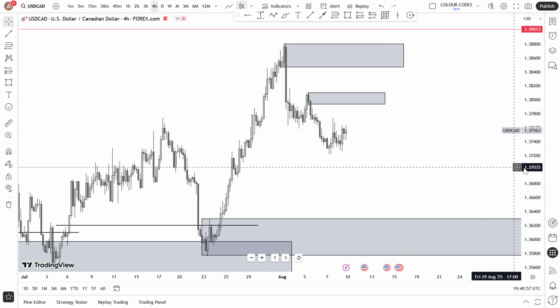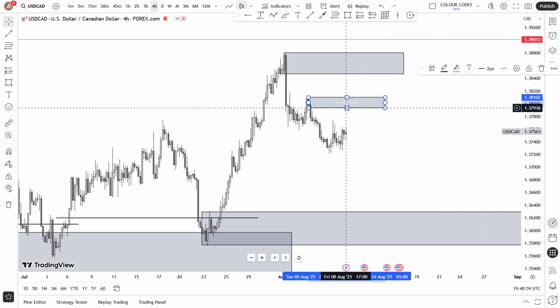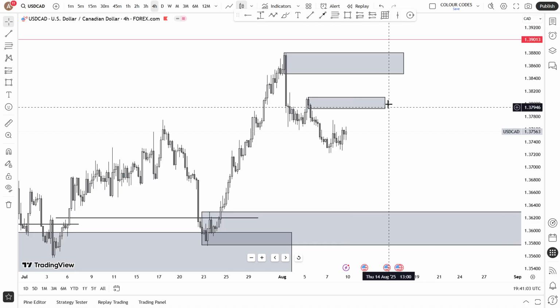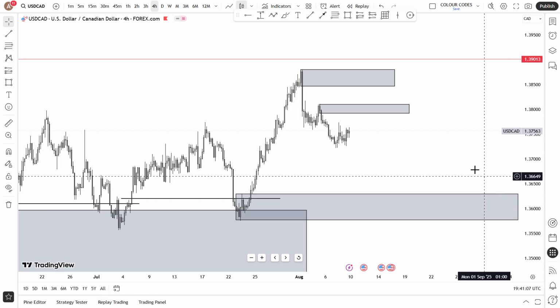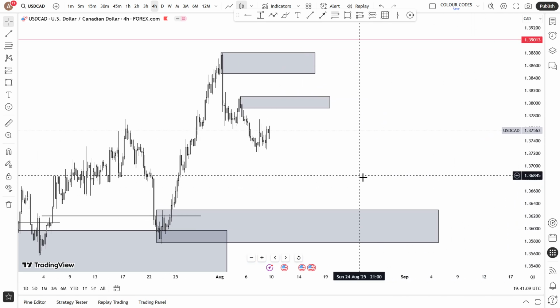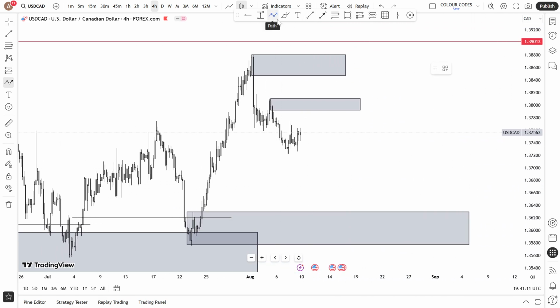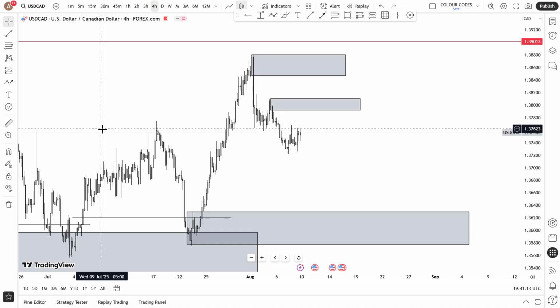So yes, we are going to look at these two zones for confirmations to sell. Without confirmation, you cannot sell. You only sell upon confirmation because we are going against the trend of the market.